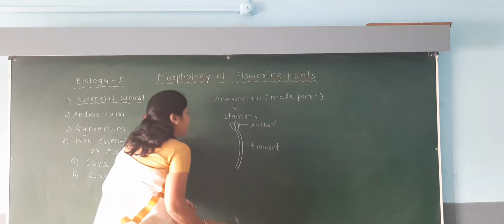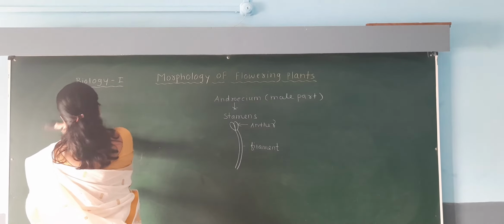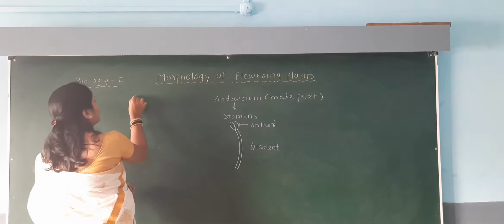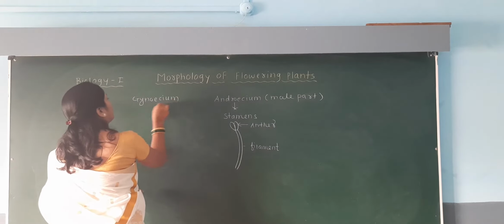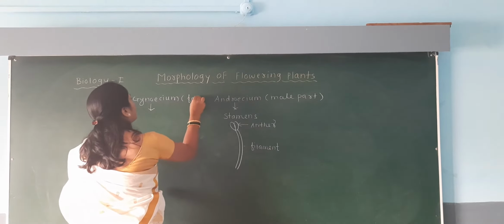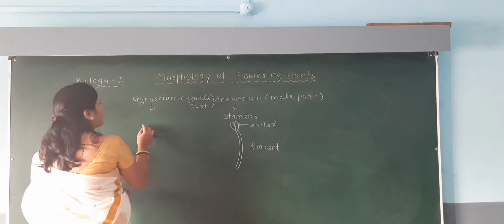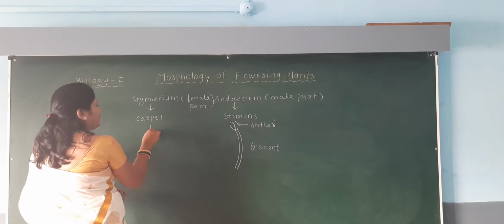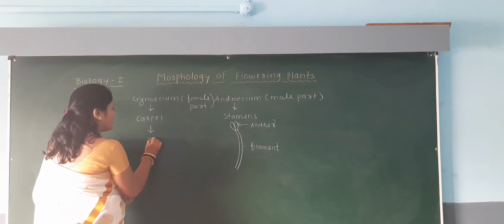When we see the structure of the gynoecium, so see here, gynoecium, this is the female part. It is the female part of the flower. Gynoecium is made up of carpel, and if we see the structure of the carpel, just we have sketched in the diagram.